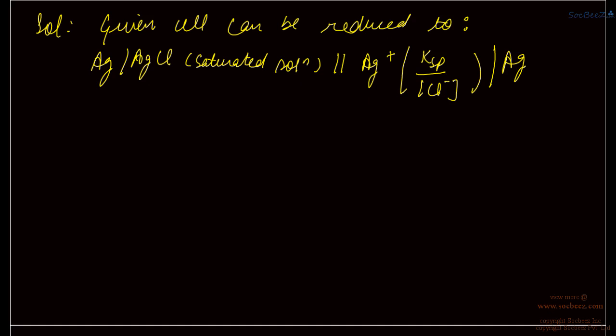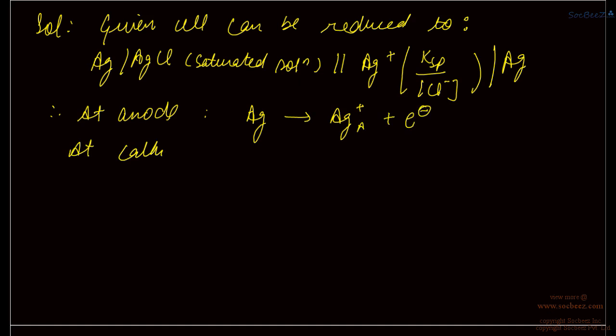Now we know that at anode and at cathode, oxidation and reduction take place respectively. Therefore, at anode, Ag gets oxidized to Ag positive, and an electron is ejected out. And at cathode, Ag positive gets reduced to Ag, and this electron is accepted by the Ag cathode.